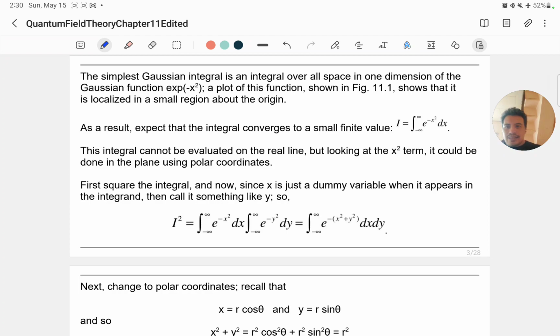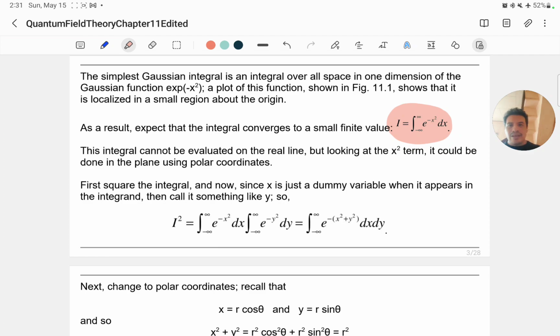So we set the area under the curve to be of this integral. We start with the limits from negative infinity to positive infinity, and then we integrate e to the negative x squared dx, and we set that as I. So this is very nice looking, but it's a little bit tricky to solve.